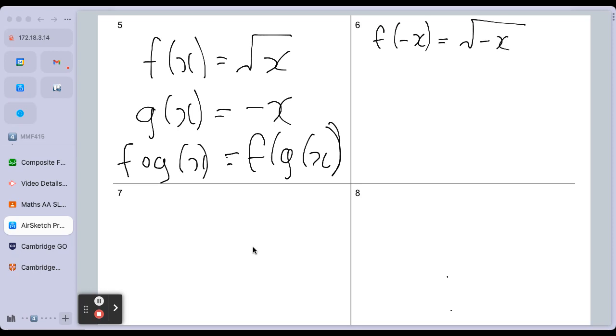However, we need to nuance that story a bit, don't we? I never said that g of x was restricted in any way. Okay? And that means that x could be a positive number, like 10, and therefore negative x would be negative 10, and therefore we would have an invalid number, right? So as it stands, that function isn't well defined.